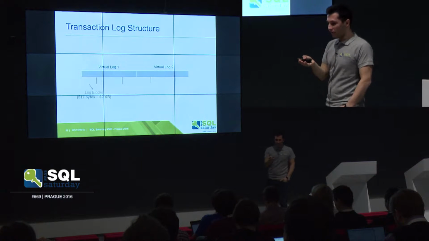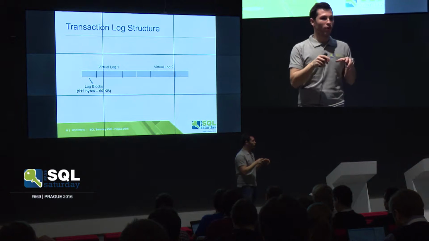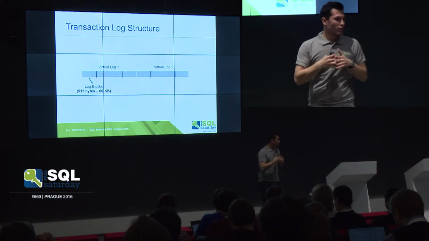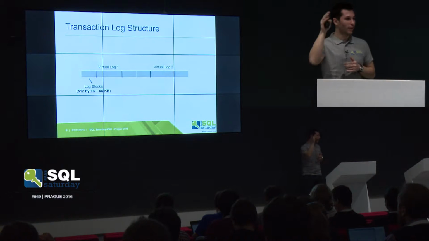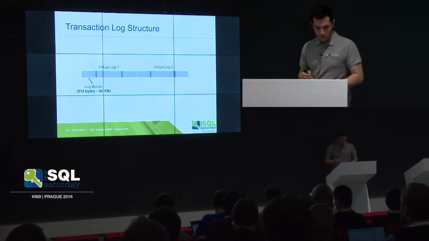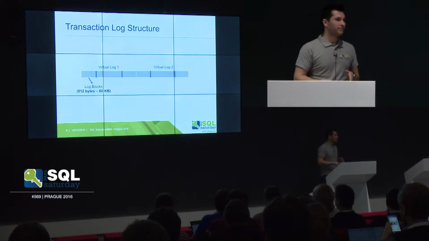In these virtual walk files, we have other structures that are called walk blocks. They are important because they are actually the size that SQL Server is using to flush the walk records from the memory to the disk. We will see this in a minute. For now, just remember that the walk blocks are between 500 bytes and 60K.